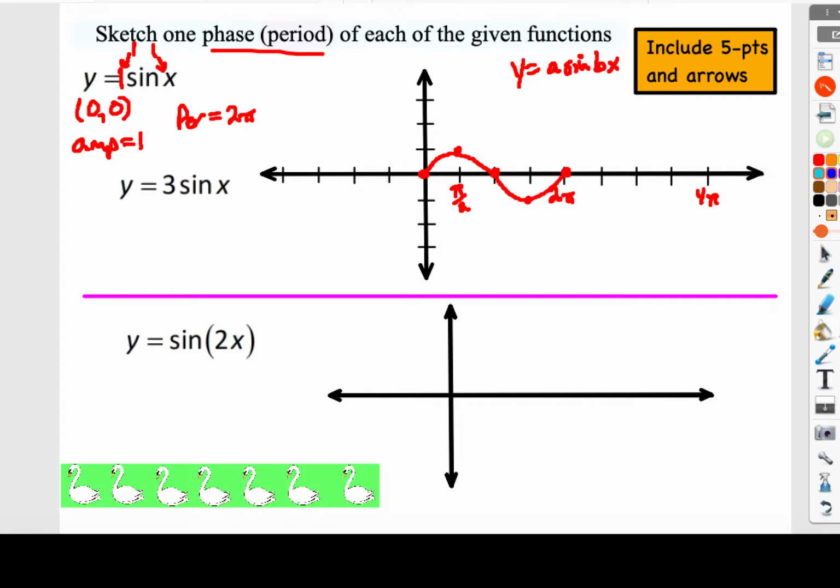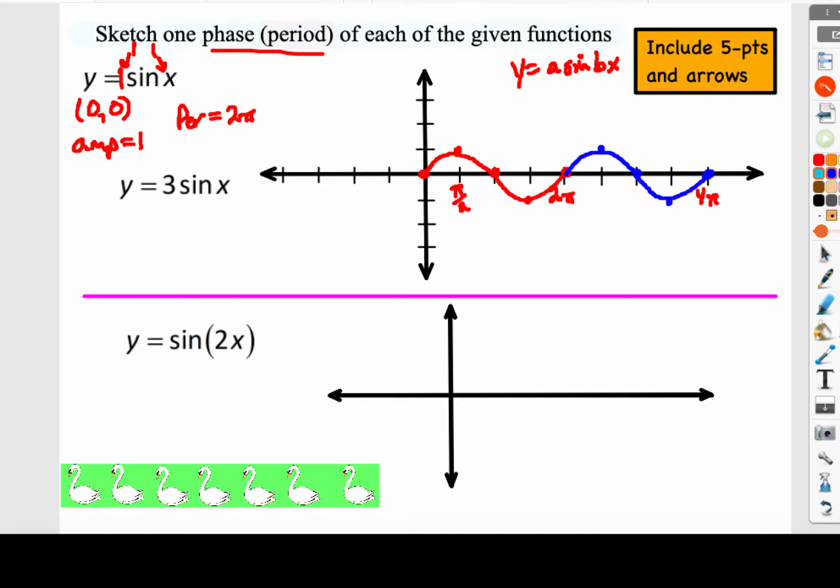If we wanted to draw more than that, we could just repeat our pattern. We're going to go pi and 2 pi down the road. We're going to max out between the first 2 points, and minimize between the next 2 points, and all we would have to do is repeat our curve. The more you practice those curves, the better they'll look, so don't worry if yours doesn't look perfect the first few times.